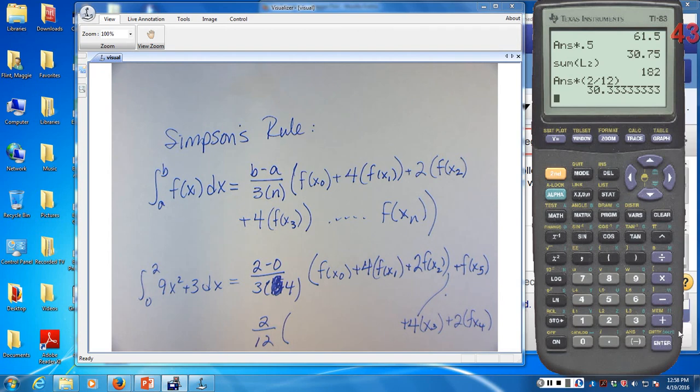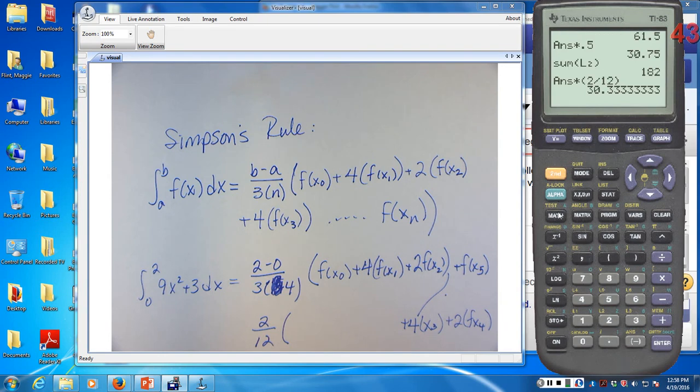But if you want to know the numerical integral for it, I think we'll just do this on the home screen.